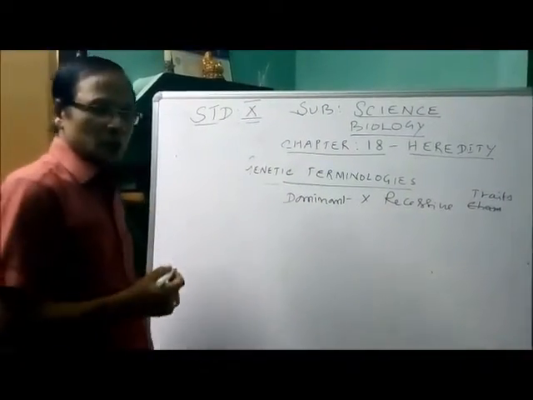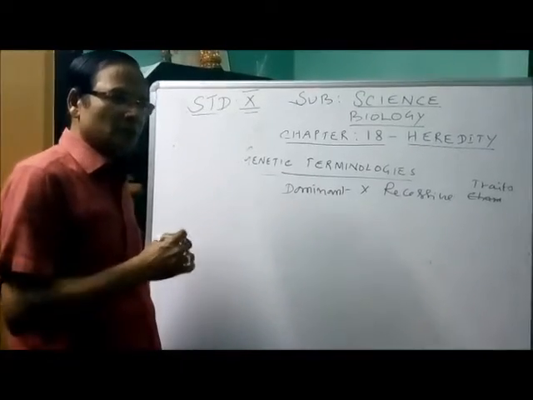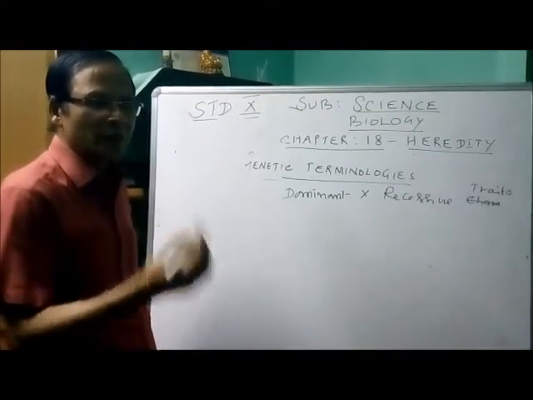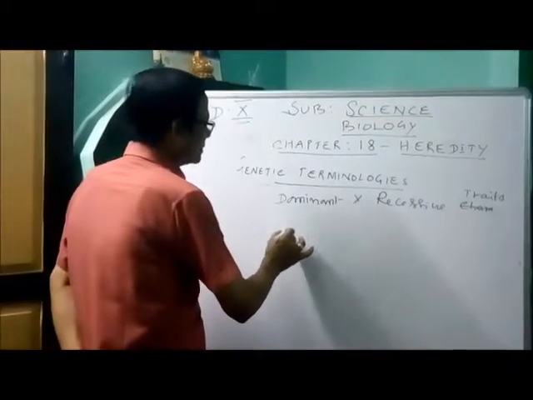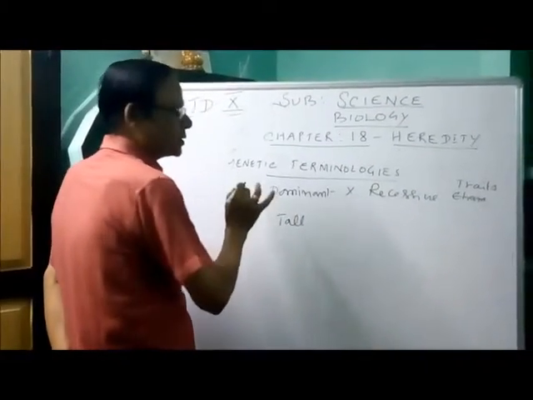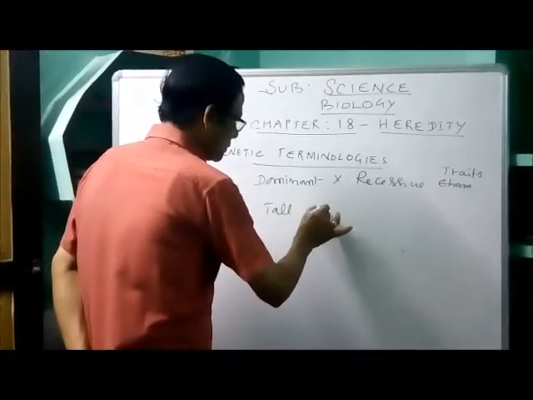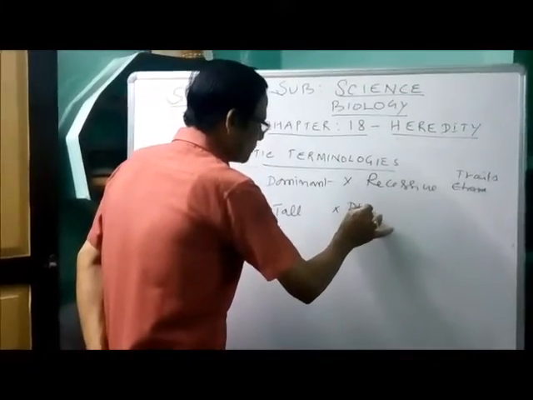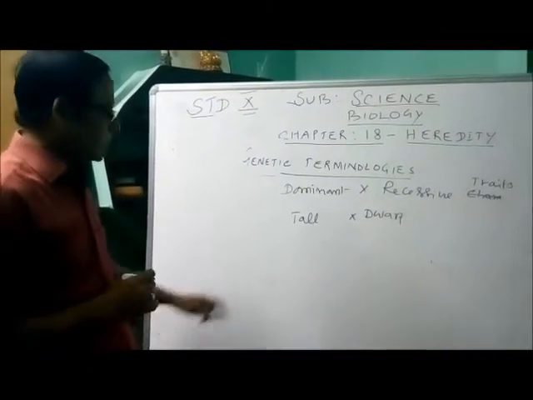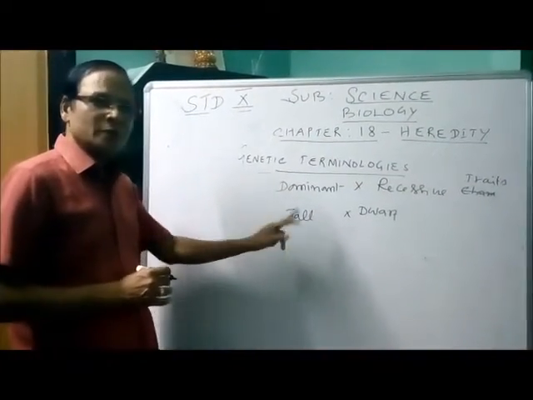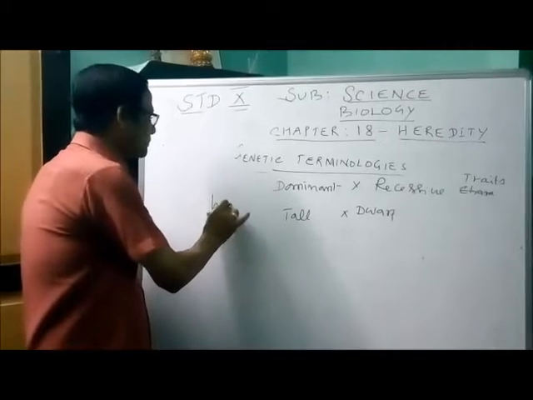Suppose we are crossing two varieties of plants, two different forms of the same trait. For example, I am taking height as a character. One variety is tall, another variety is dwarf. These two are the different forms of the same trait, which is called height.